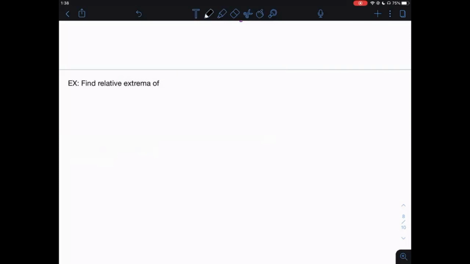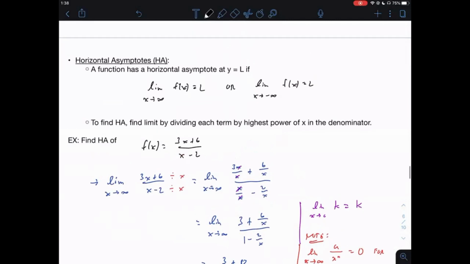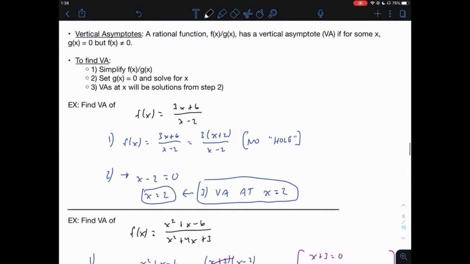Let's find the relative extrema here of f of x, where f of x is 3x plus 6 over x minus 2. All right. Again, we have done this one before. Recall, for this function, we found its vertical asymptote, which is located at x equals 2.